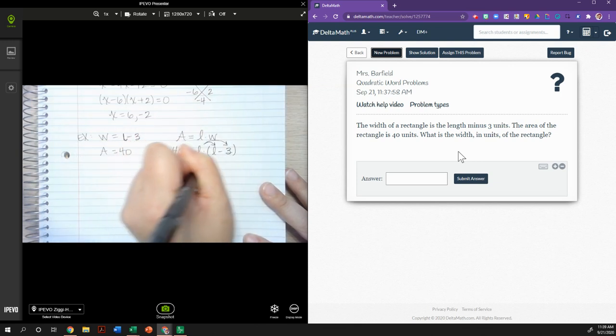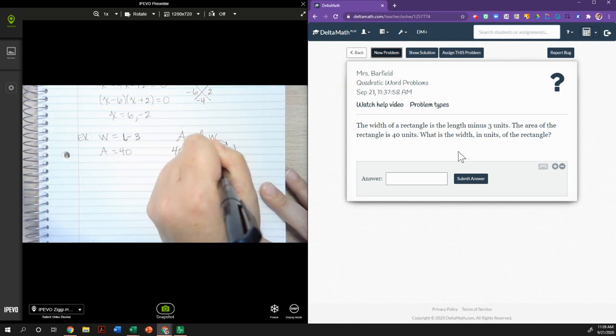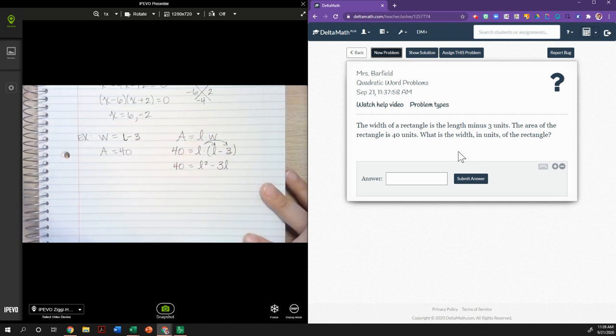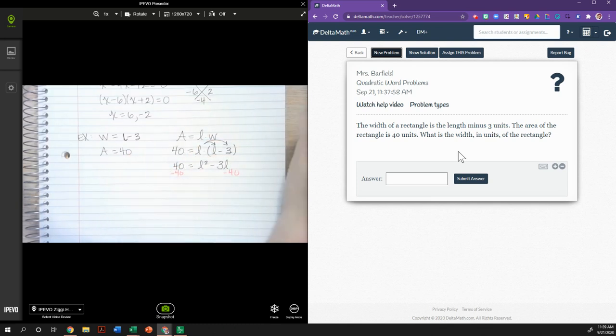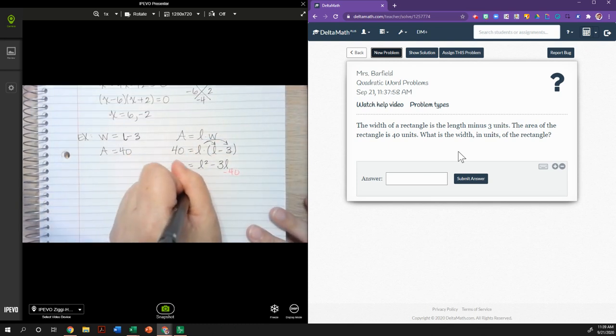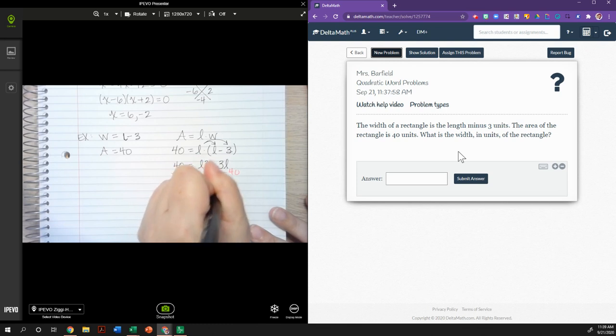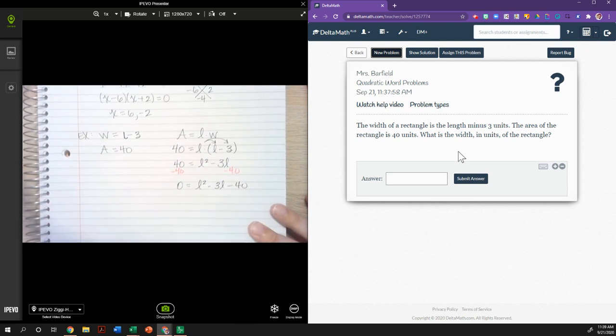So 40 equals L squared minus 3L. And then I need to subtract 40. So I get 0 equals L squared minus 3L minus 40.